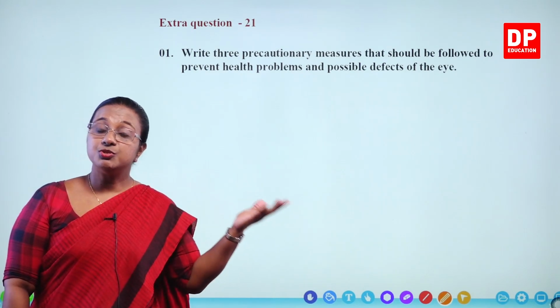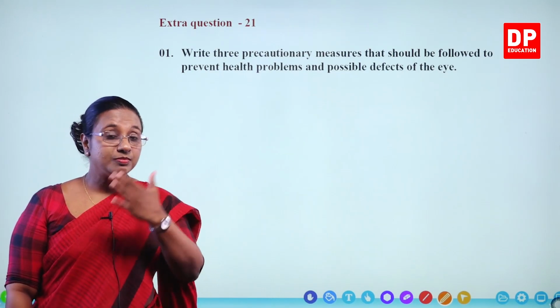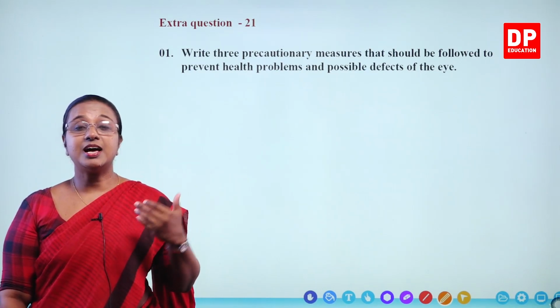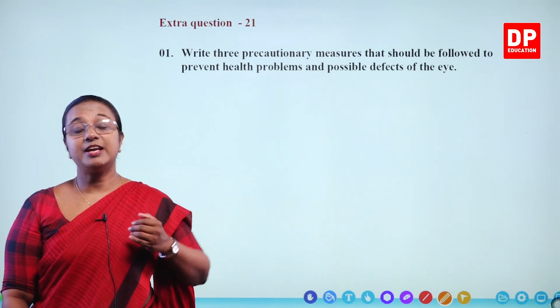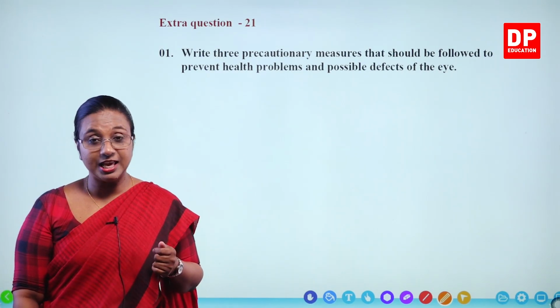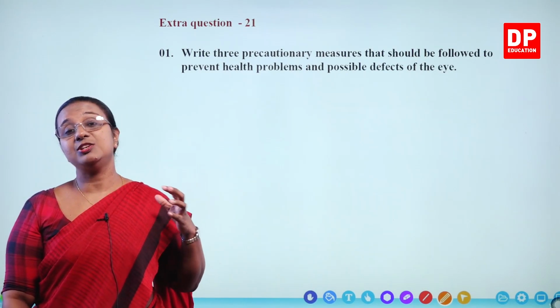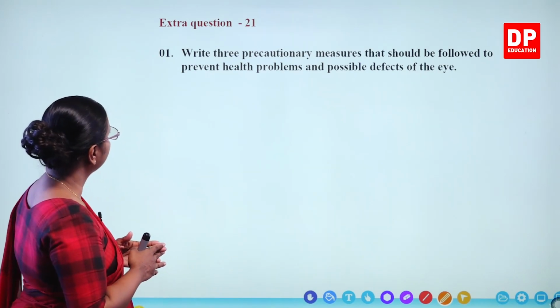And also you should not wear other people's spectacles. And you should take precaution to cover your eyes. You may use sunglasses or sunshade, sun protection in order to protect your eye from harmful radiations. And also you should not point any lights into your eye. Like that, you can write any 3 precautions.